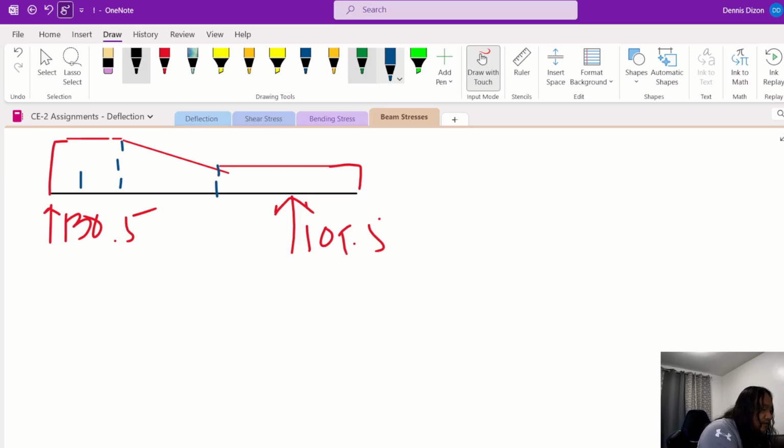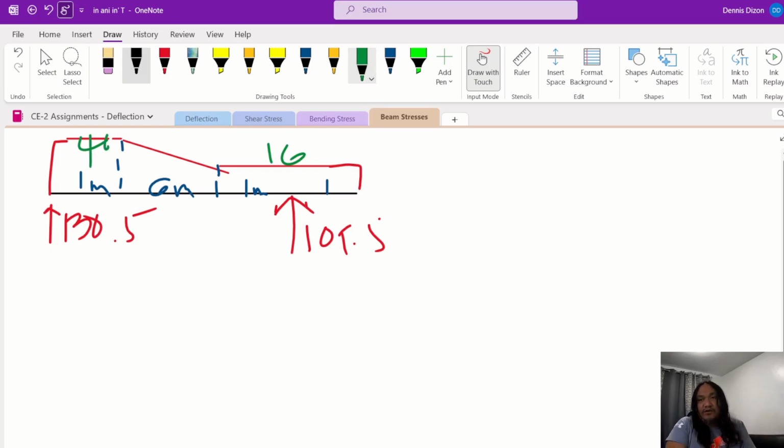This is 1 meter, this is 6 meters, 1 meter, then 1 meter, and then the load is 16, and then right here is 40 kilonewton.